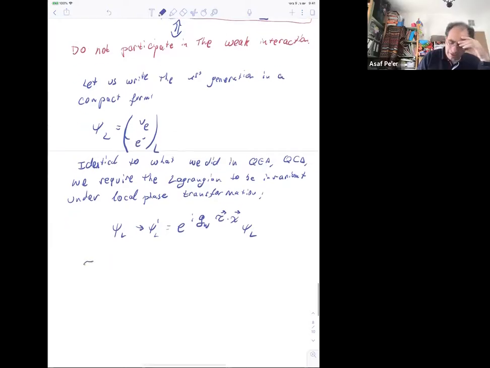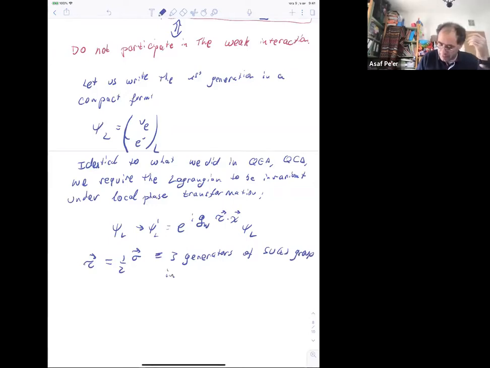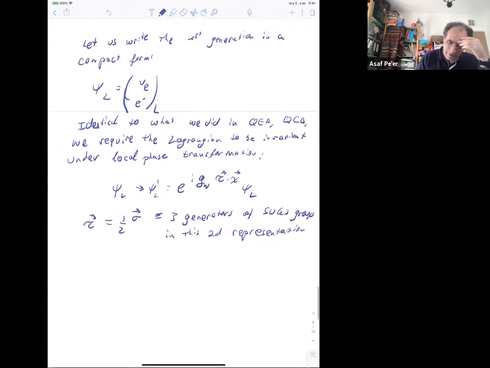For normalization purposes, tau is half the Pauli. So the three generators of the SU(2) group in the 2D representation, and sigma simply the Pauli spin matrices.